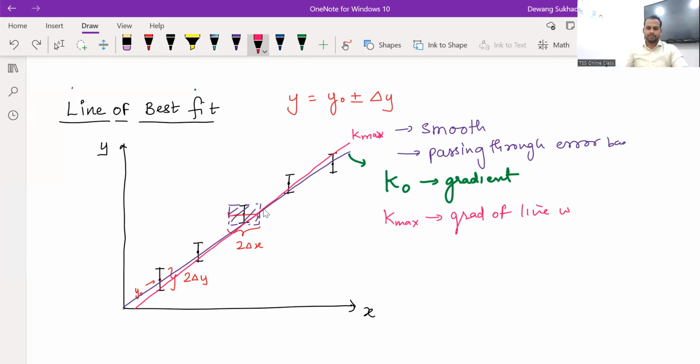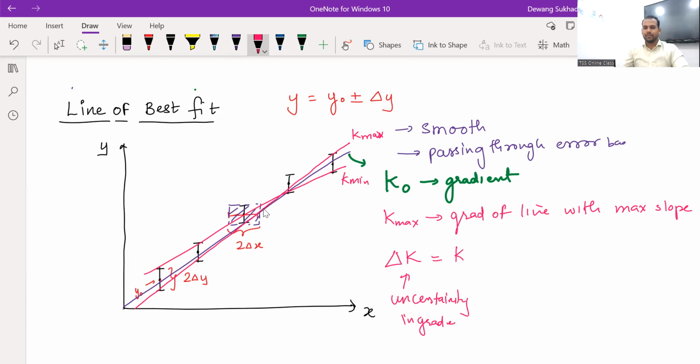Then we can also plot a line from the top of the first point and passing through the bottom of the last point, which gives k min. And we can find the uncertainty in the gradient by taking max minus min and dividing it by 2. So this is how we do it.